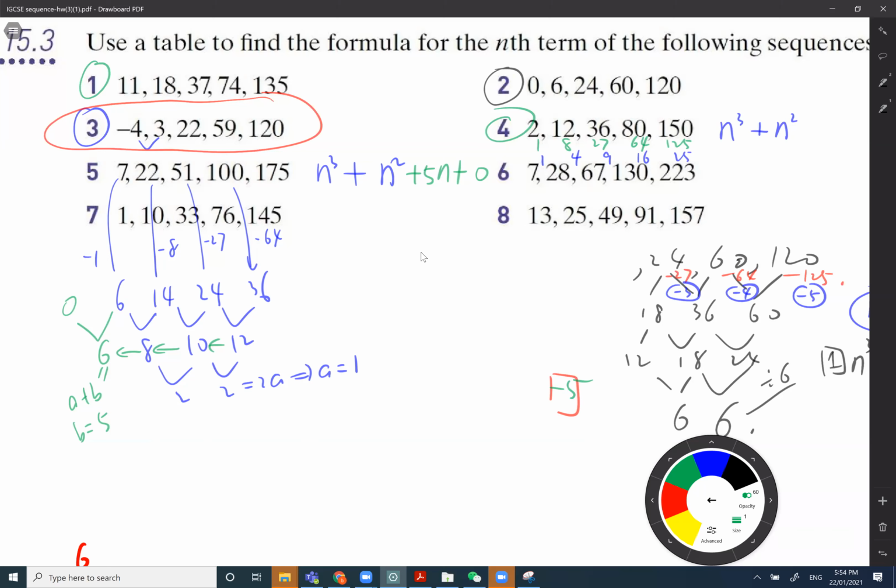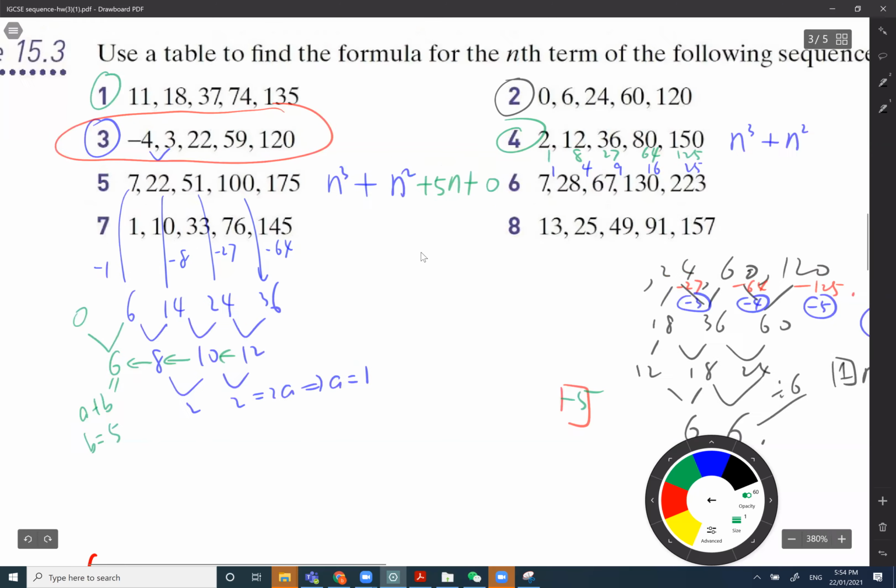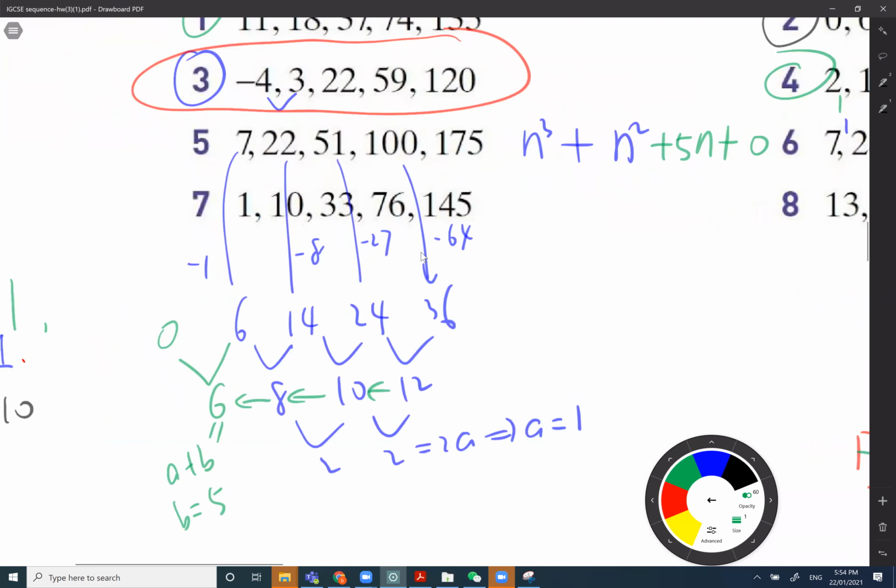Number 5 is harder. After you minus the component of n cubed, we find it's a quadratic sequence. After you minus n cubed, the sequence changes to a quadratic. Quadratic, we find ABC.